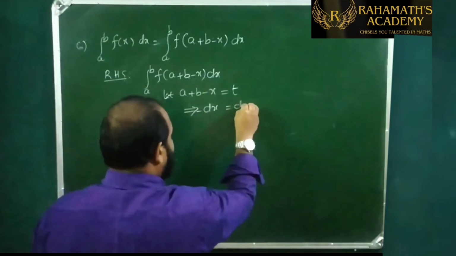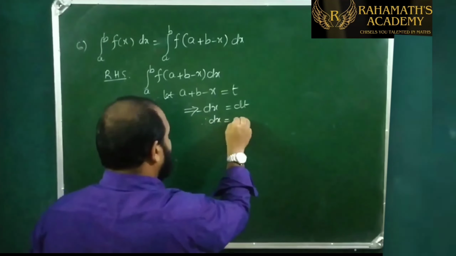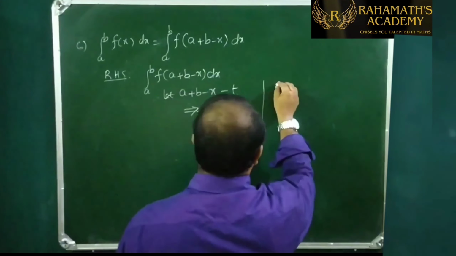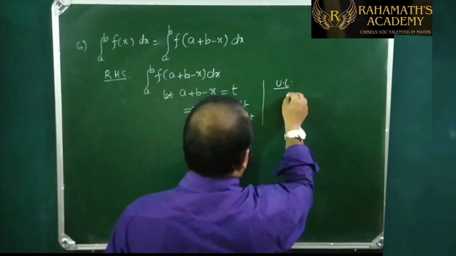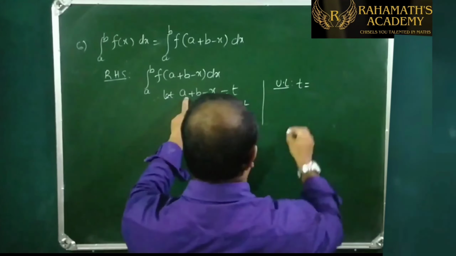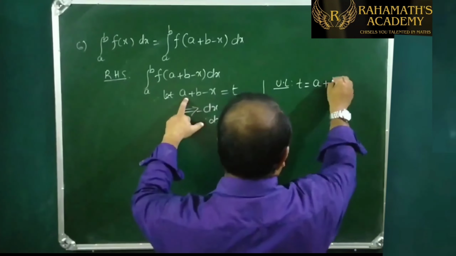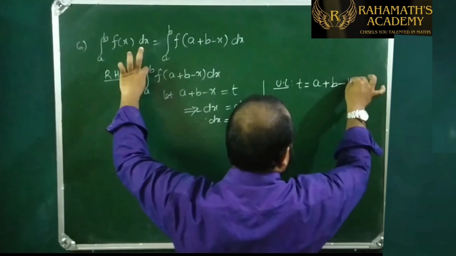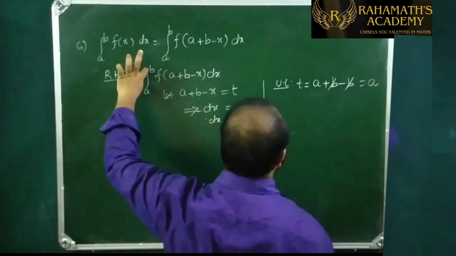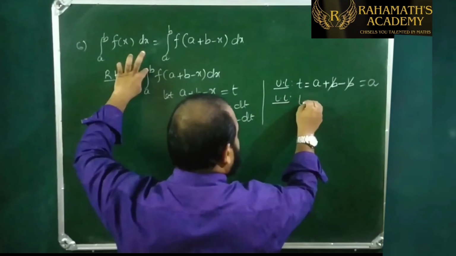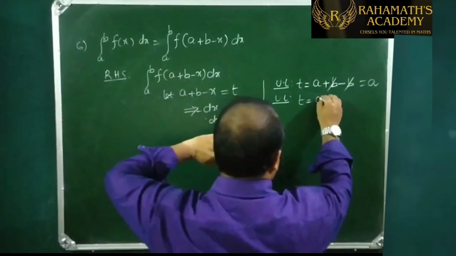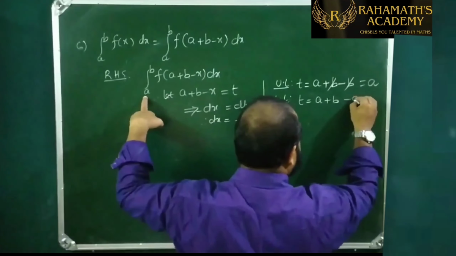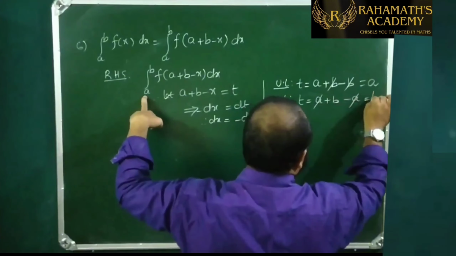Now, minus dx equals dt. Therefore, dx equals minus dt. Now, the upper limit and lower limit. For the upper limit, t is equal to a plus b minus x, and the upper limit of x is b. So this b gets cancelled, leaving a. For the lower limit, t is equal to a plus b minus x, and the value of x is a. So a gets cancelled, leaving b.